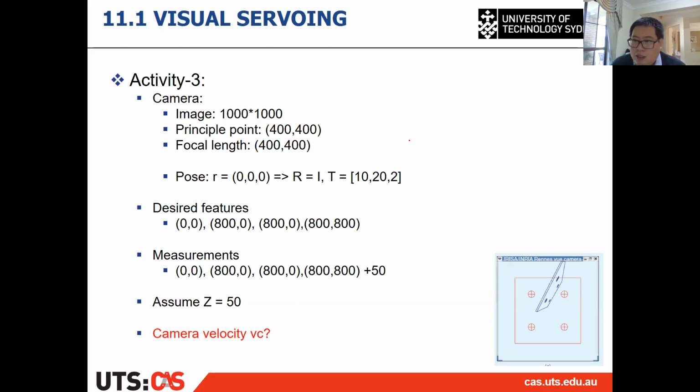And also at last, I need to see the real number camera velocity as well. So the process of solving, necessary equations and necessary real numbers of the matrix and vectors, and then the final answer. All right, so that is visual servoing.